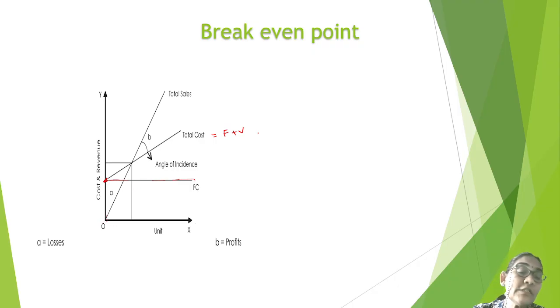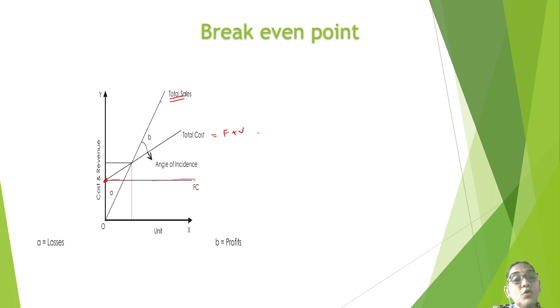At 0 units, variable cost is going to be 0. Therefore, the starting point for total cost is going to be at fixed cost. If you have 0 sales, then the sales line will start at point 0, and this is your total sales.